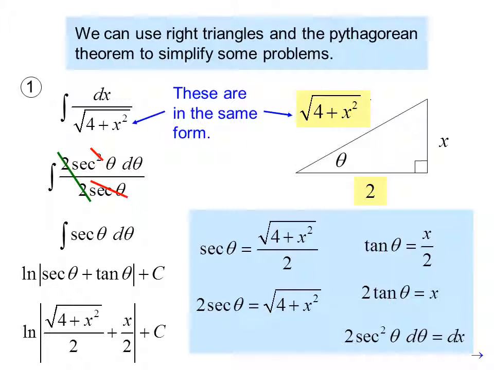Now we substitute back in. Secant theta is radical 4 plus x squared over 2, and tangent theta is x over 2. So we get our answer, natural log of the absolute value of radical 4 plus x squared over 2 plus x over 2 plus c.